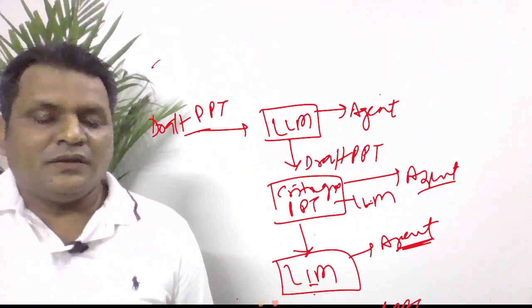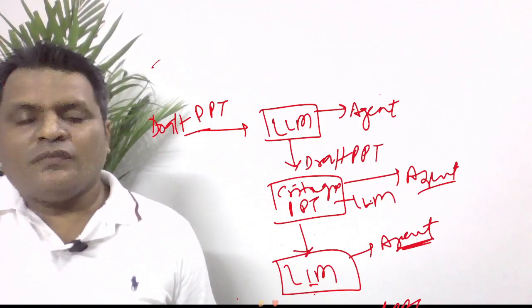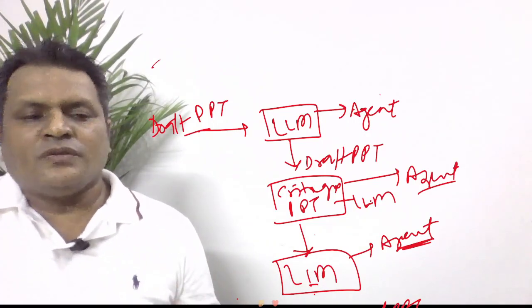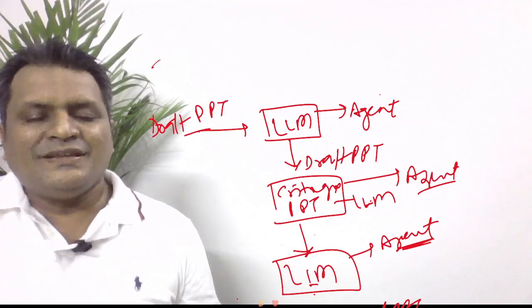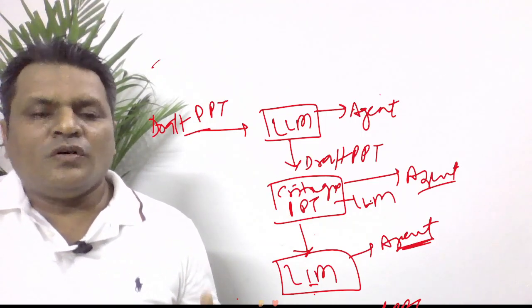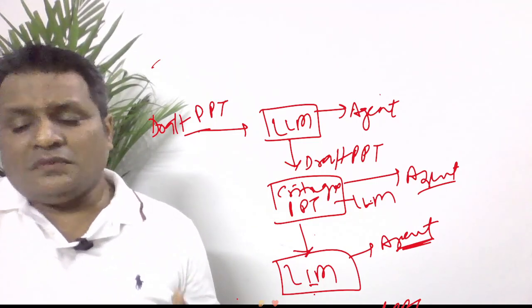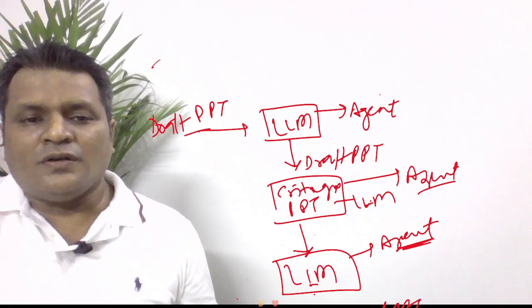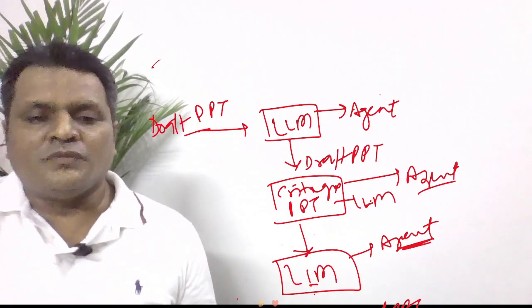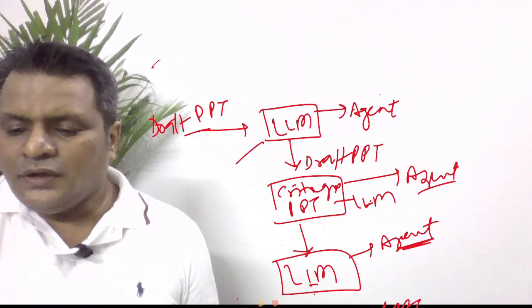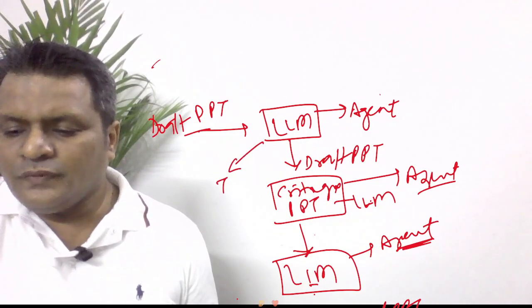Similarly, in the AI world, when we take help from LLM models, we call it agentic AI, because the LLMs are performing the role of agents. It's not that your LLMs will always be used only as agents. They can also use different types of tools.